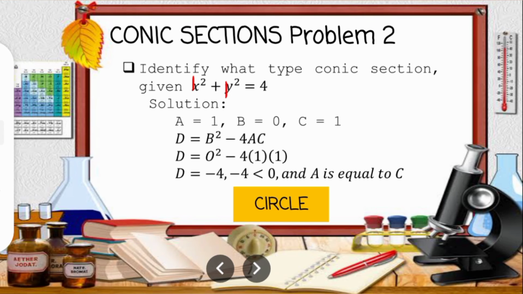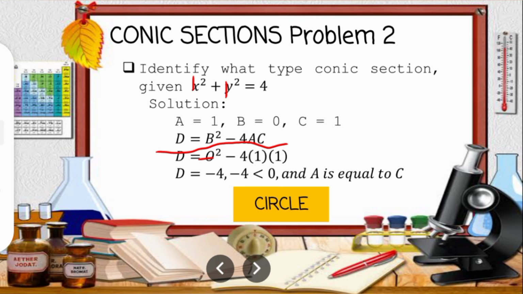So now we have the values of A, B, and C. Next is to use the formula to find the discriminant. Discriminant is equal to B squared minus 4AC. The value of our B is 0, so 0 squared minus 4 times the value of A and C, which is 1 times 1.